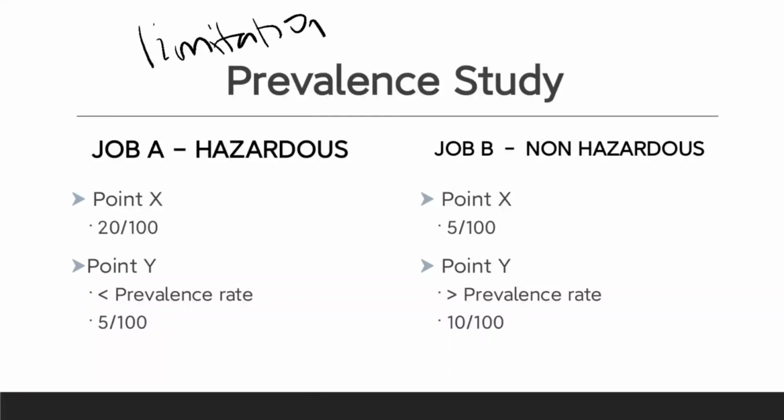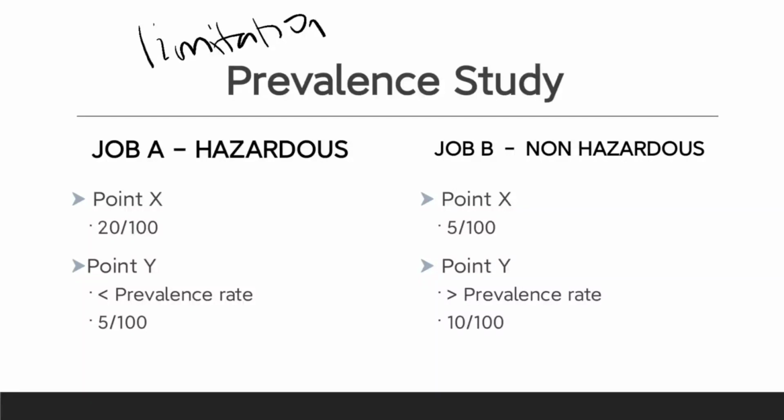Ibig sabihin, on a single point in time, dun lang nangyari yung inaral natin, no? Hindi natin sila na-observe in a long run if that particular disease really happened, no? Or maaaring yung disease na nararamdaman nila, iba pala yun dun sa pwedeng mangyari.